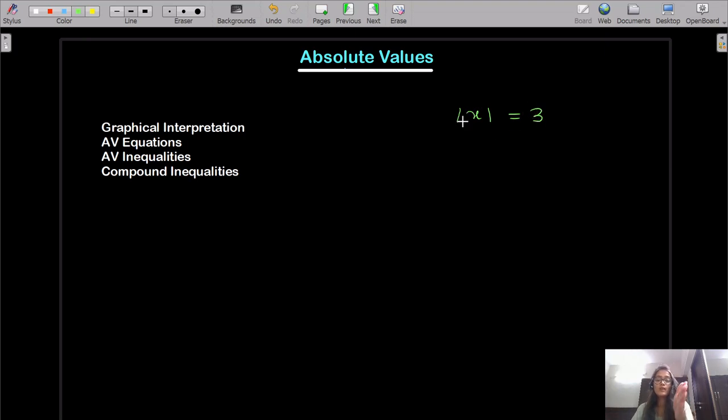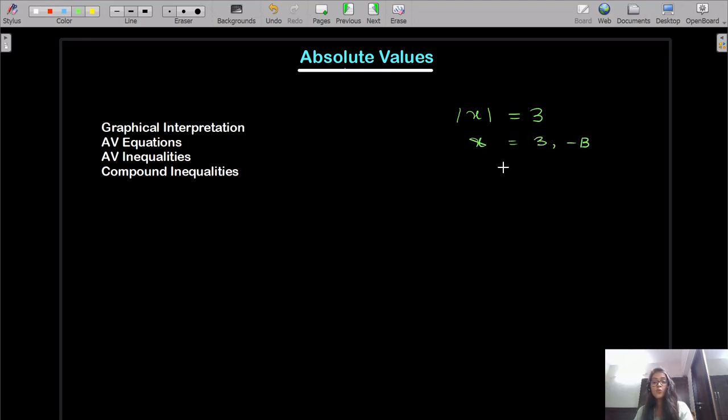These vertical bars that you see represent the absolute value. Whatever is between these two vertical bars, we are talking about the absolute value of that thing. So when I say that the absolute value of x is equal to 3, theoretically you might know that in this case x is equal to positive 3 or negative 3.